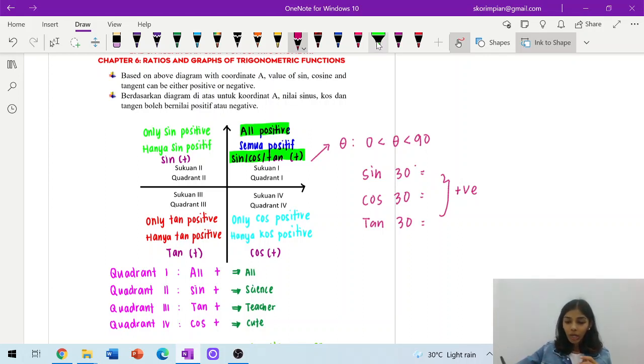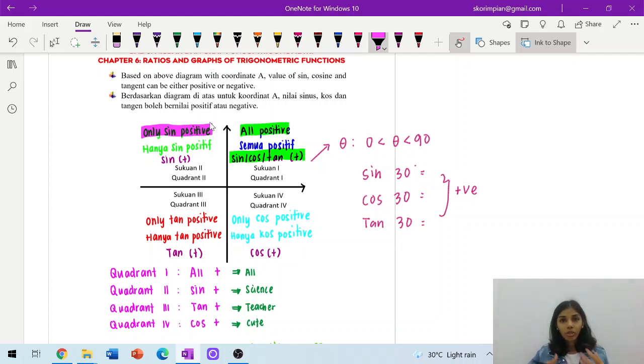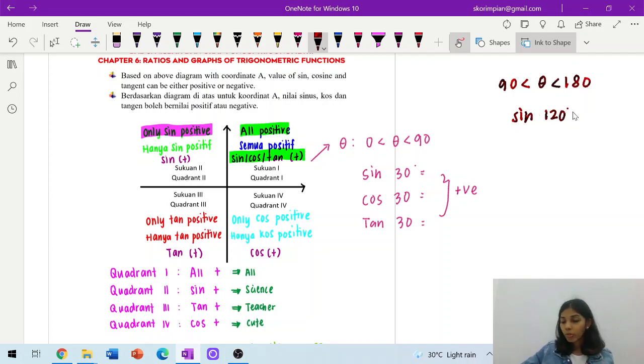For quadrant 2, untuk sukuan kedua, hanya sine sahaja positif. Only sine is positive. Your quadrant 2 is between 90 to 180. So if the angle falls between 90 to 180, for example, teacher ambil 120 in between, sine will be positive.